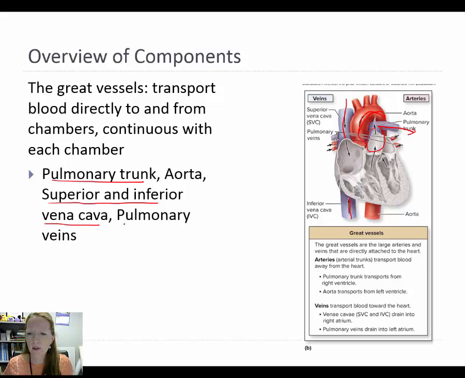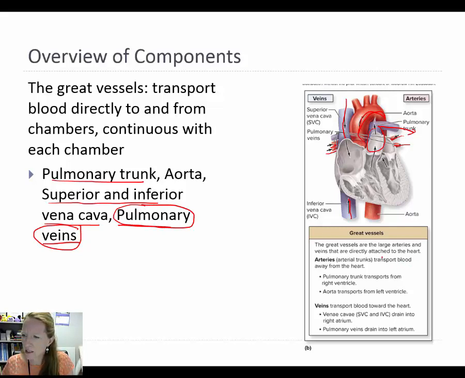And then you have the pulmonary veins. The pulmonary veins are tiny. And again, these are ones that you can see in the posterior view. But there's the pulmonary veins, these tiny ones. And again, they're veins, so they're telling you that they are bringing blood to the heart and they are bringing it from the lungs. So again, we'll go through blood flow and everything like that later on.